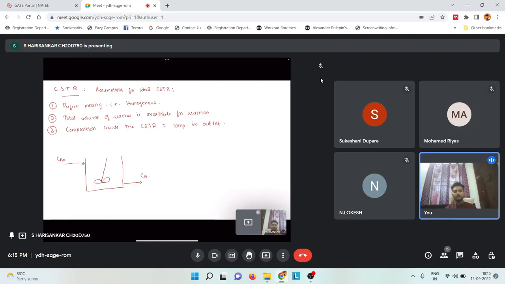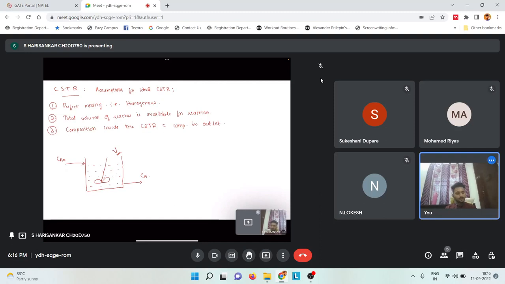So the first assumption is that whatever is inside this CSTR is homogeneous. That is, the mixing is 100% perfect. The second assumption is that the total volume of the reactor is available. So if V is the volume of the reactor, the whole of V is available for the reaction to take place.